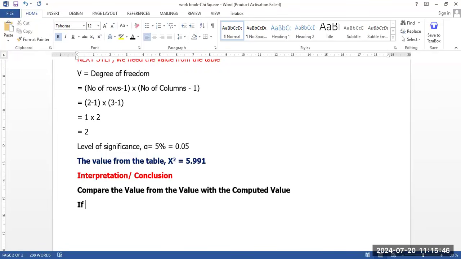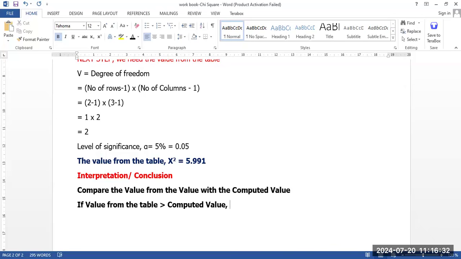If the computed or the calculated value, if the value from the table is greater than the computed value, what do we do?